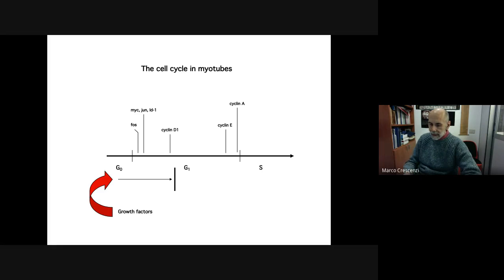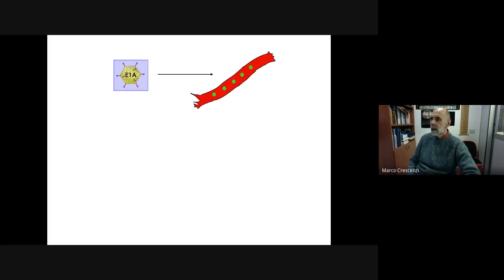However, at the same time, we were looking for ways to reactivate the cell cycle in terminally differentiated cells, as I've said. And we had reasons, from the literature and from our reasoning, to believe that an oncogene called E1A, which is an adenovirus oncogene, would be able to reactivate terminally differentiated myotubes.